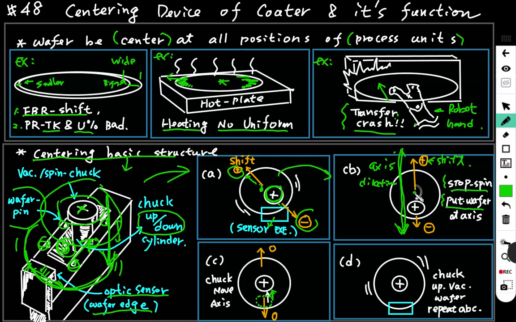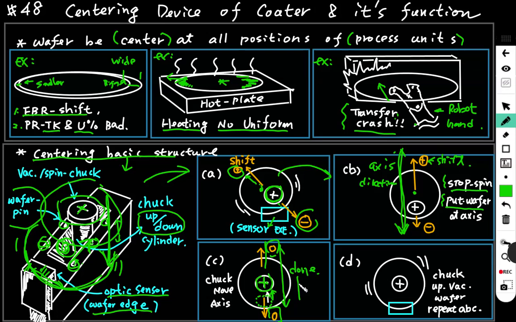This is the wafer center. Now the chuck moves along the axis. It lets the chuck central position align with the wafer center point. So in this axis direction, the shift becomes 0 and 0. No plus and no minus. So it's done.